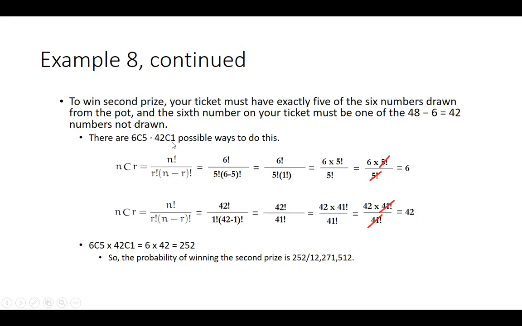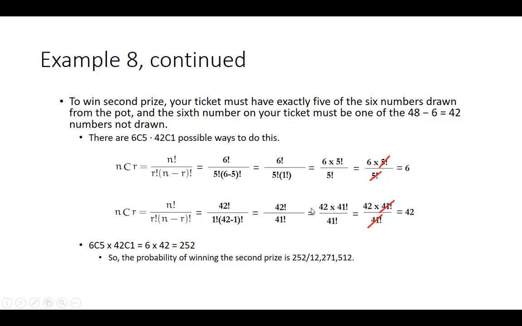Next, we'll calculate 42 choose 1. So n is 42, r is 1. That's 42 factorial over 1 factorial times (42 minus 1) factorial. That's going to be 42 factorial over 41 factorial.